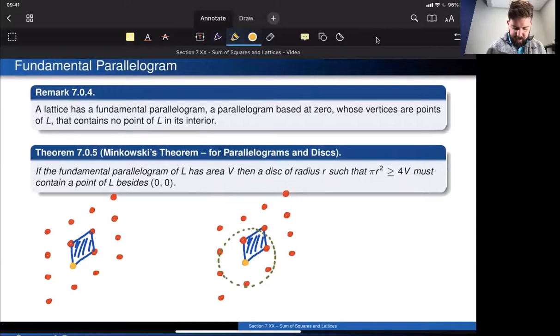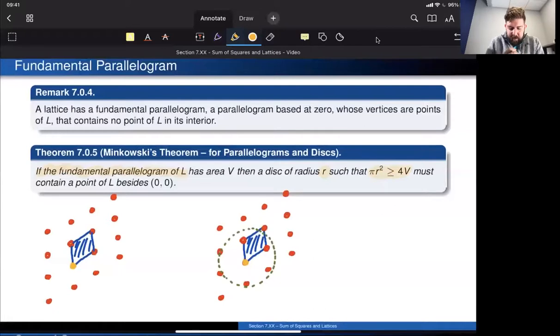So what this claims is that if this fundamental parallelogram of this lattice has area V, whatever that number happens to be, in our example before, that area is going to be 13. Then if you construct a disk starting at the origin that has a set radius r, as long as the r satisfies some bound that's based off of the area, so it has a certain size, then that disk is guaranteed to contain a non-zero lattice point.